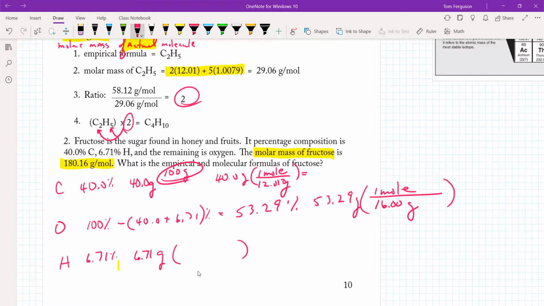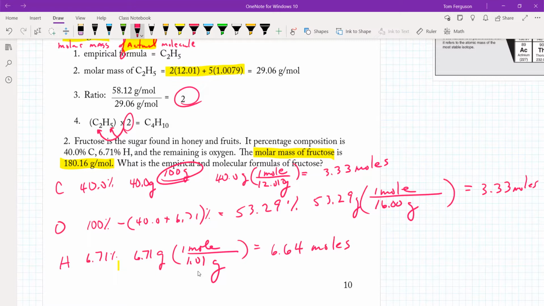And then, okay, so let's see what these numbers come out to be. Okay, so that's step number one.